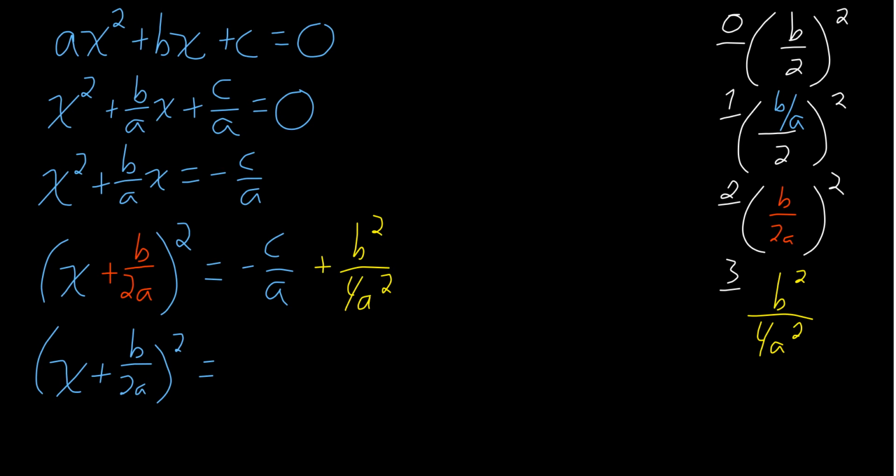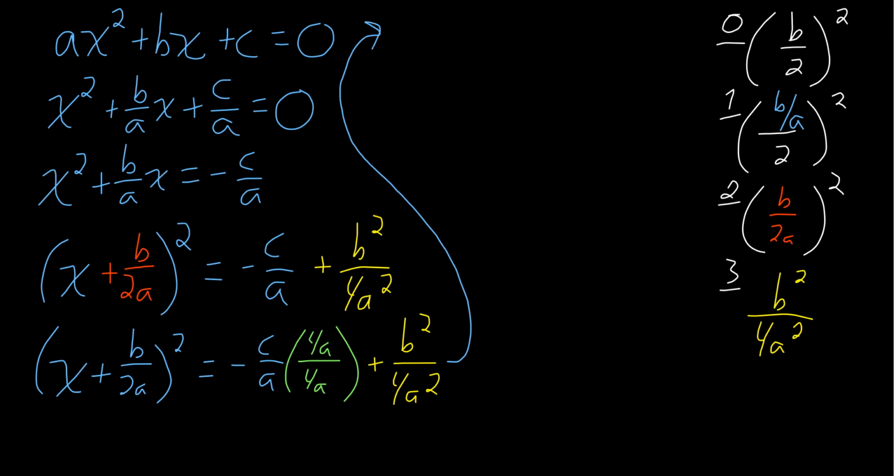So that's the manipulation I'm going to make here. I'm going to rewrite this as minus c over a, and again, I'm going to multiply it by 4a over 4a. I'm trying to keep the color coordination nice. So we're going to zoom up here. The left side's still the same, x plus b over 2a is equal to, okay, so what is negative c over a times 4a over 4a?